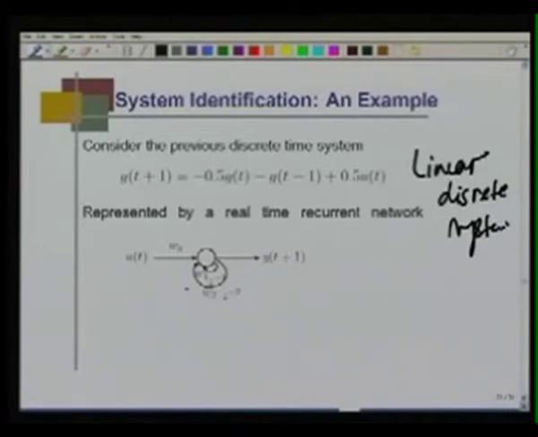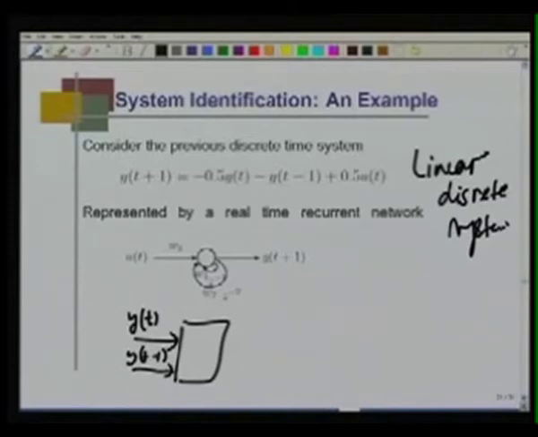We have already explained. In a feed forward network, this will be yt from the system, ut, this is yt minus 1, and one more is ut.